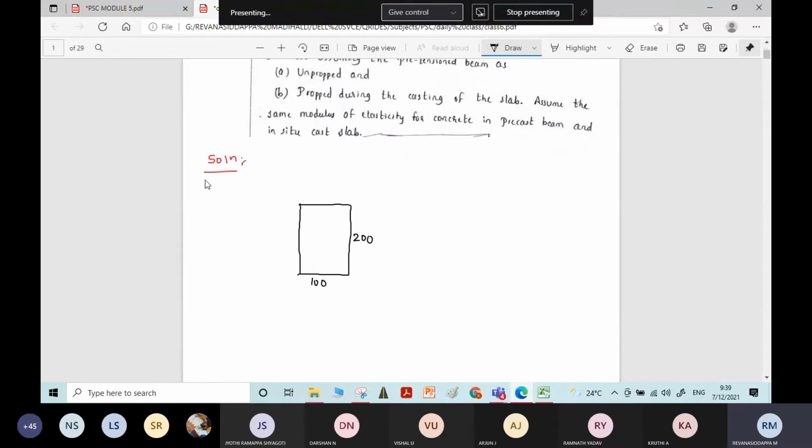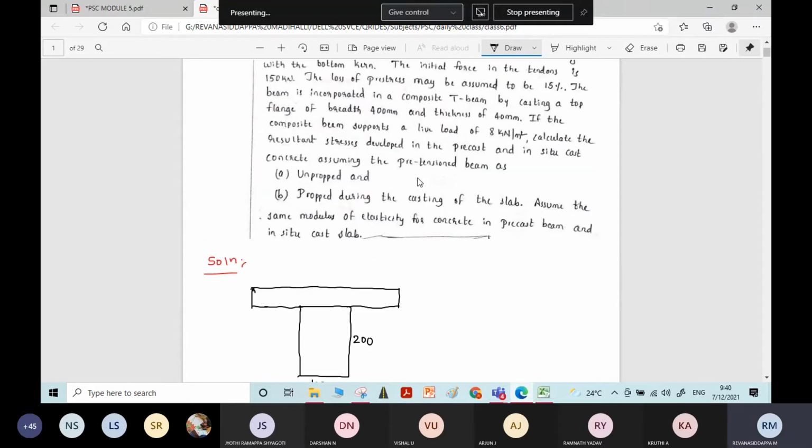Over this beam you draw a flange section having 400 mm width and 40 mm thickness.